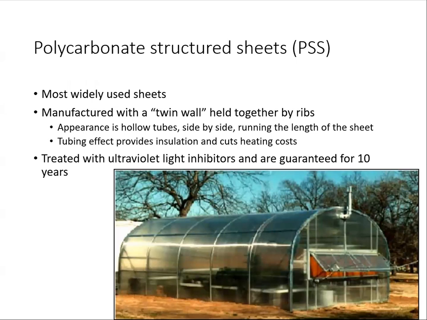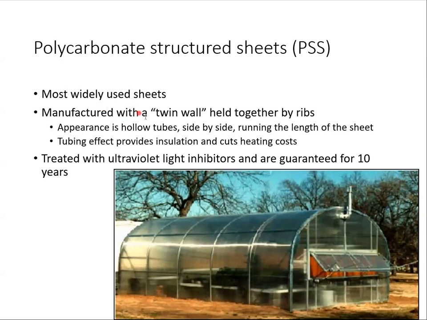Polycarbonate structured sheets, or PSS, are the most widely used. Generally you're going to see these on any new greenhouse builds or remodels.